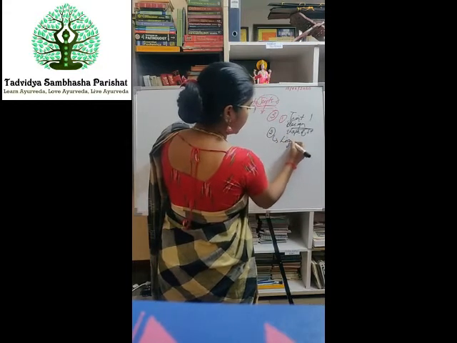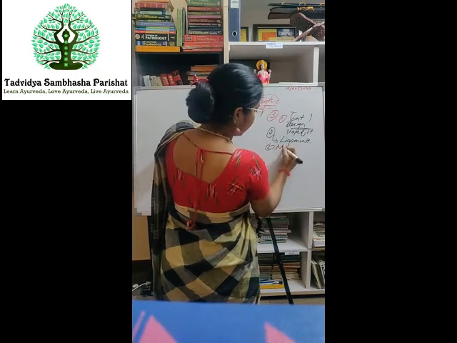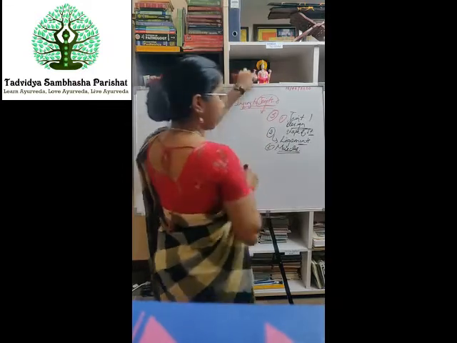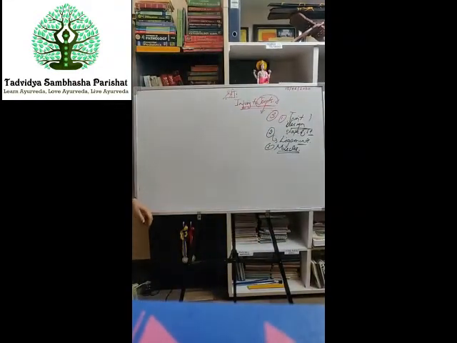Next important is ligaments, and next important is the muscles. Now we will see why each of these things is important in contributing to the joint stability.